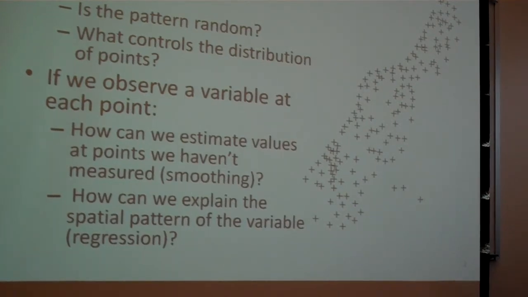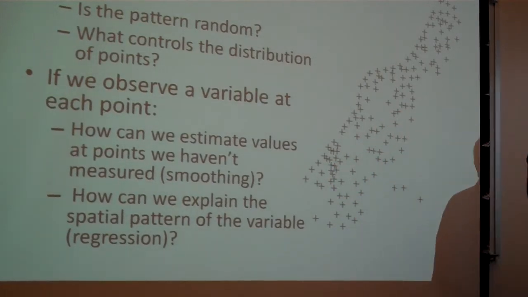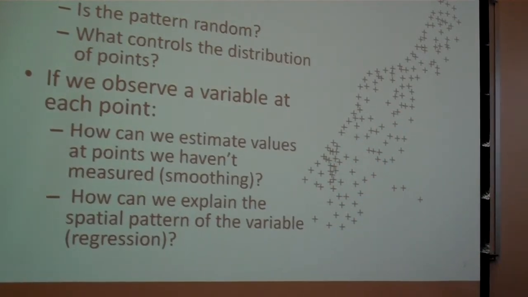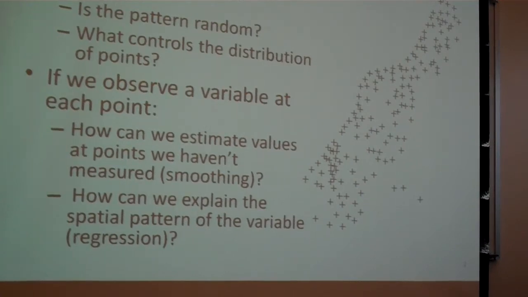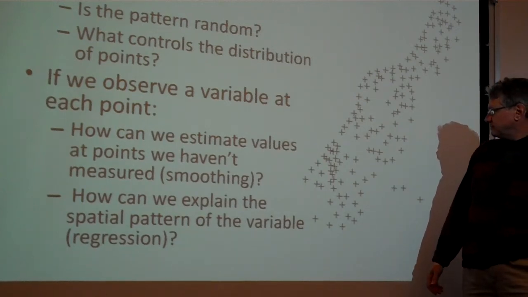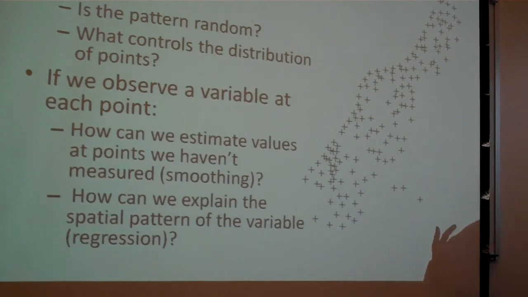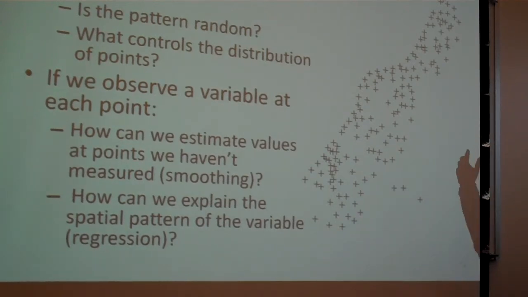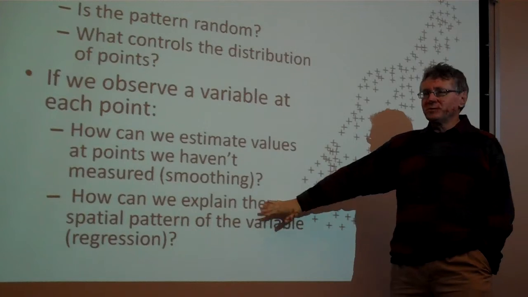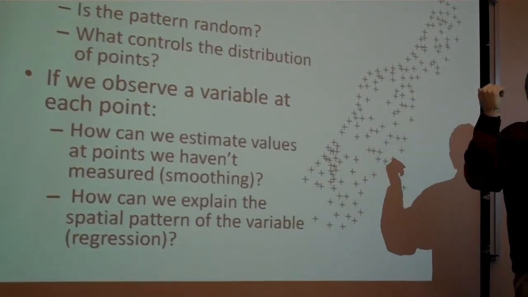So we do, say, a regression model which says that soil pH is a function of how much rainfall there is. We can do a simple regression, but the simple regression assumes that each of these observations is statistically independent from one another.